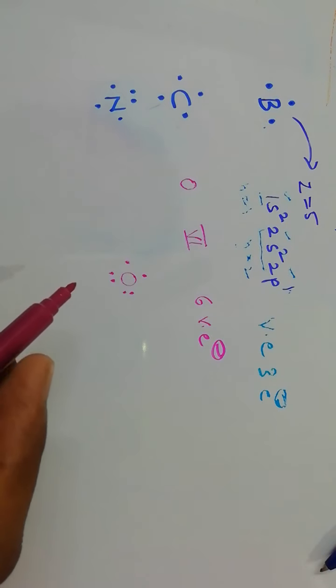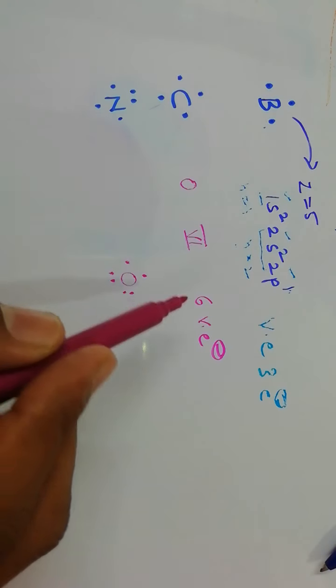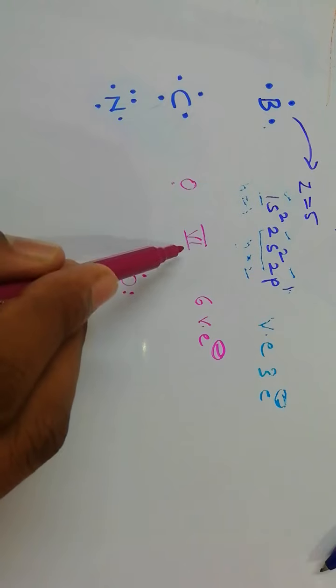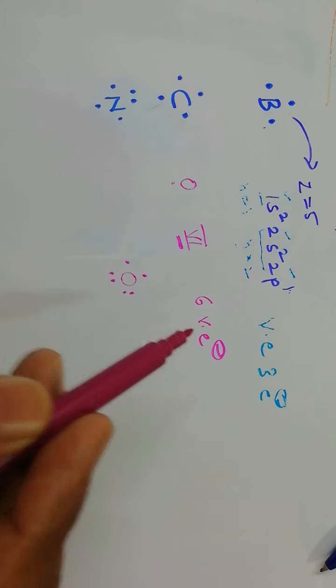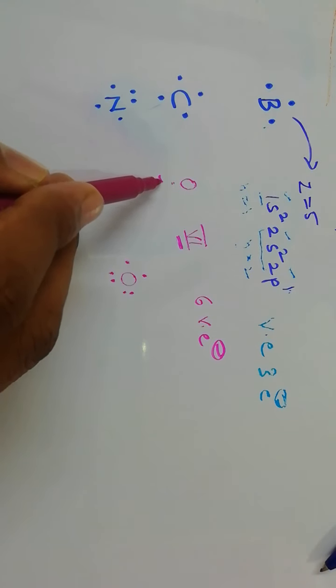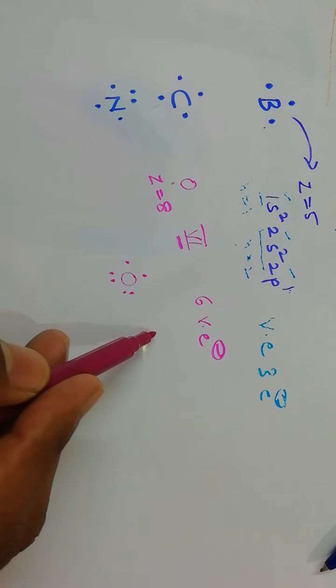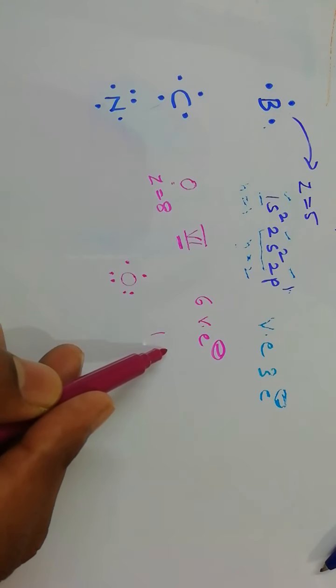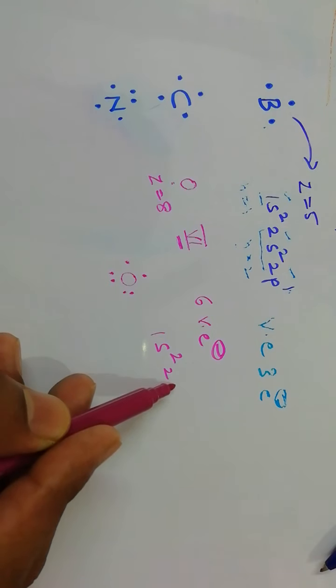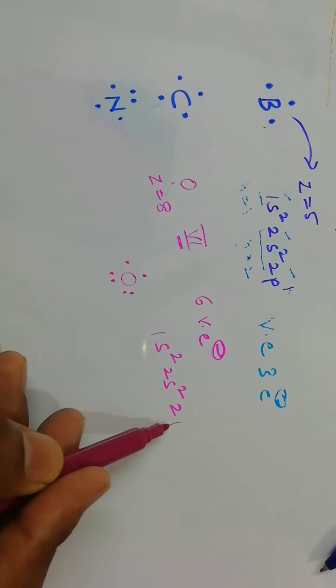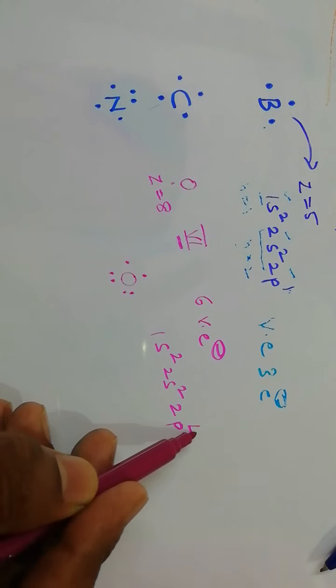In this case also, if you do not remember that oxygen belongs to the 6th group, simple, you know the oxygen atomic number, that is 8. So write the electron configuration according to that: 1s2, 2s2 and 2p4.